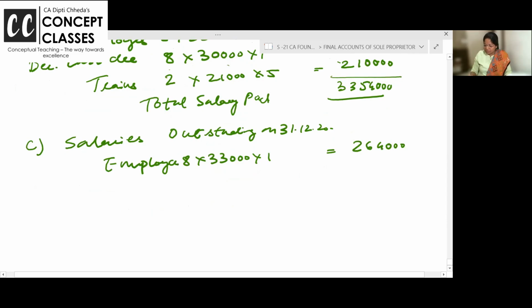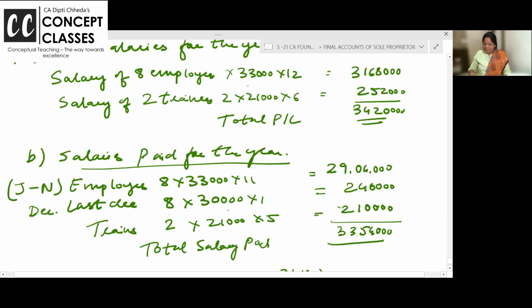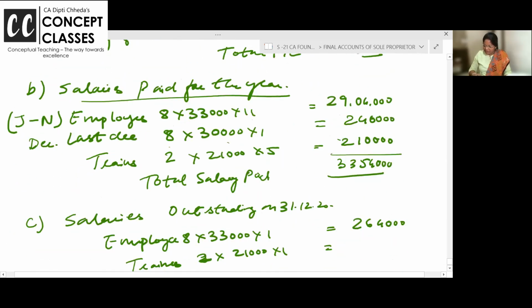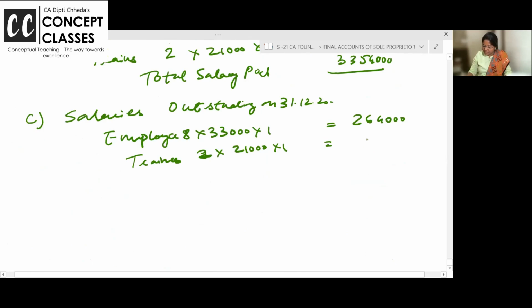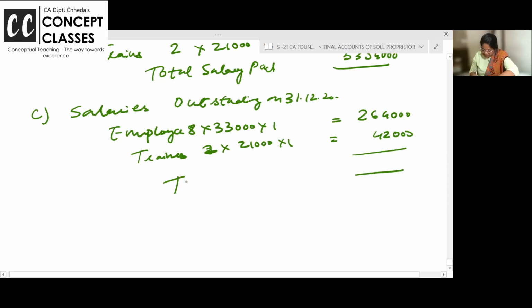Trainees: 2 trainees, 21,000 into 1. 6 months I had to pay, 5 months I paid, 1 month is left: 42,000. Total it. Total salary outstanding: 3,06,000.